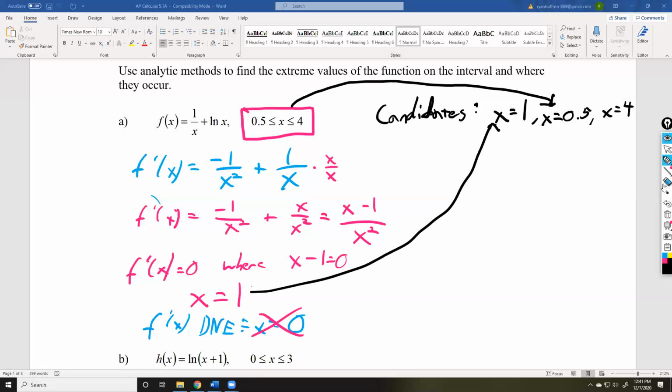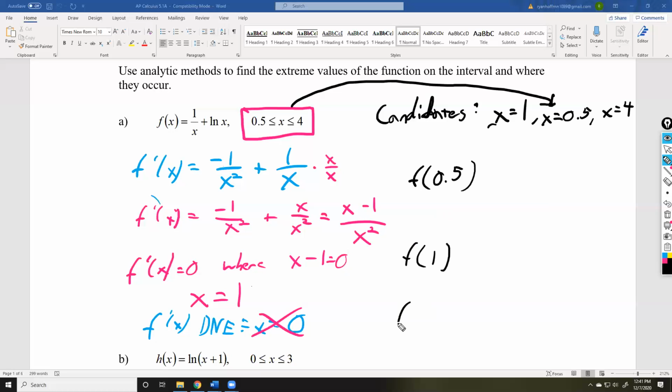Now we want to take those candidates and plug them into the original function, because we're looking at what the maximum and minimum are. That's a question about the original function. What's our highest y value and our lowest y value? Since we're asking about y values, we plug into the original function. So we want f of 0.5, f of 1, and f of 4. Whichever of these is the biggest or the smallest is going to be our max and min.